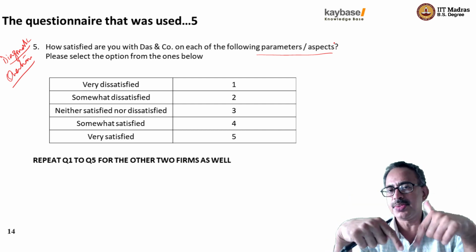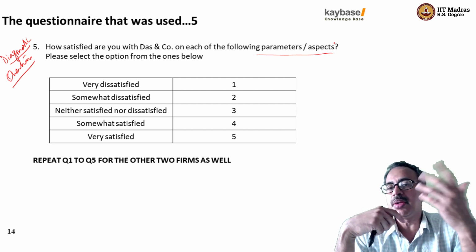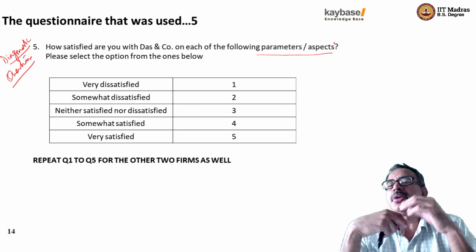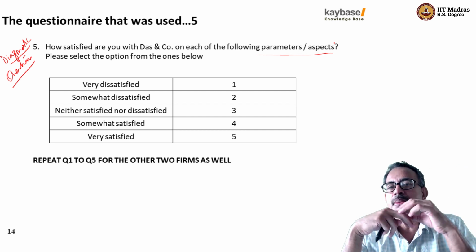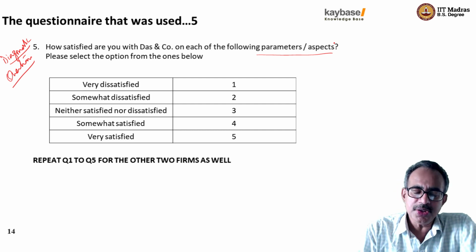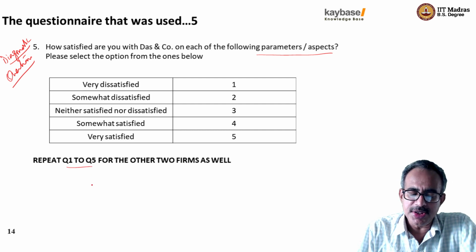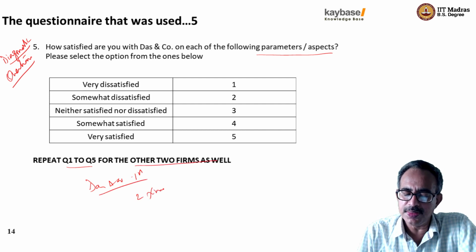The relevant parameters will come here. As we've already seen, they deal with the commercial terms, the quality of service, the product quality, and the marketing support in terms of generating consumer demand. So we ask questions 1 to 5 for DAS & Co first, and then we ask them for the other 2 firms as well.